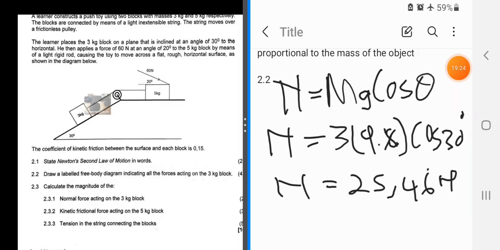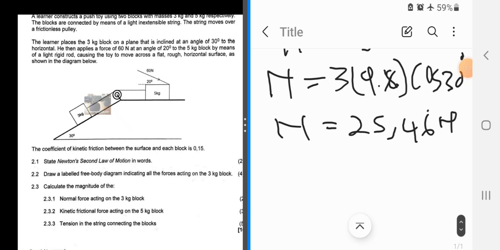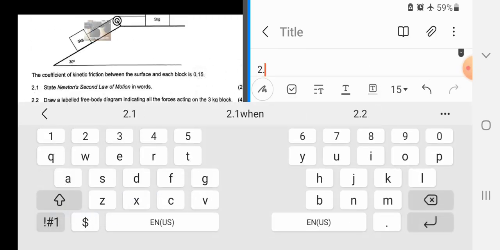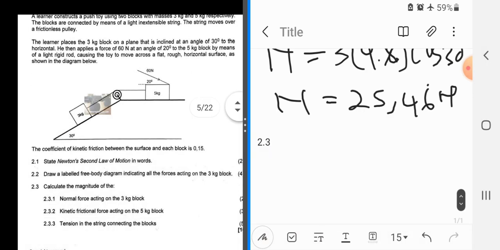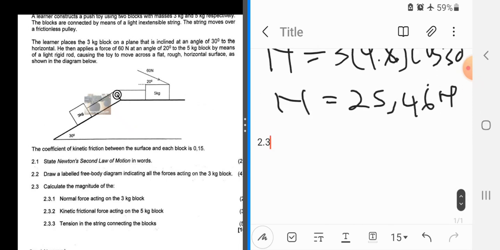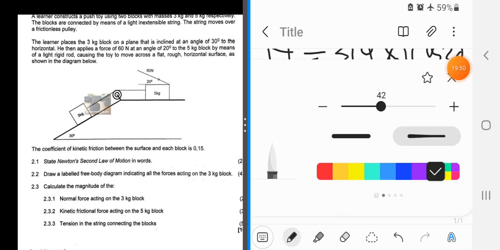So here is 2.2. We have calculated the normal force, and then here we can have 2.3. Let's take it up like that, and then we are going to do 2.3.